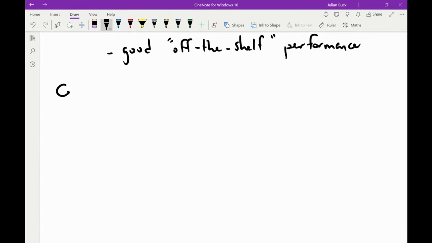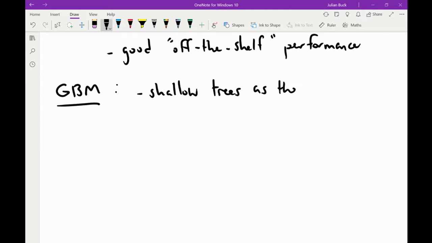On the flip side, for gradient boosting machines, we use shallow trees as the base learners. Trees are explicitly dependent. They're grown on each other in sequence.